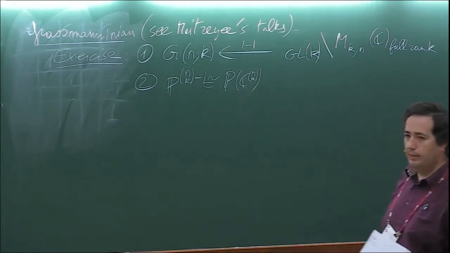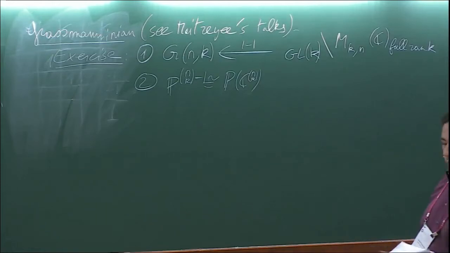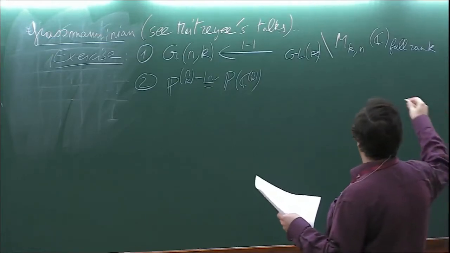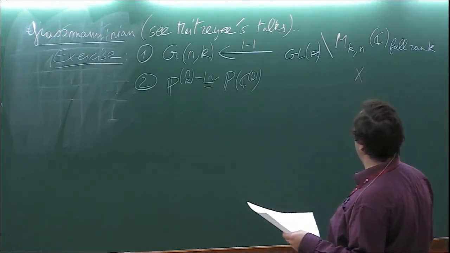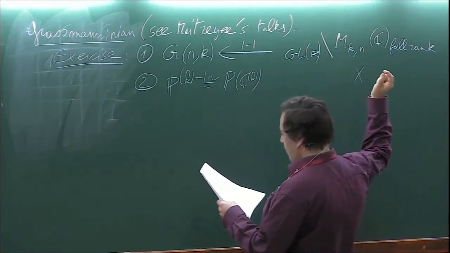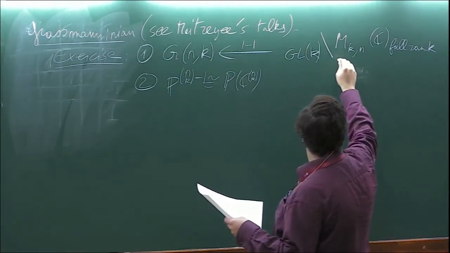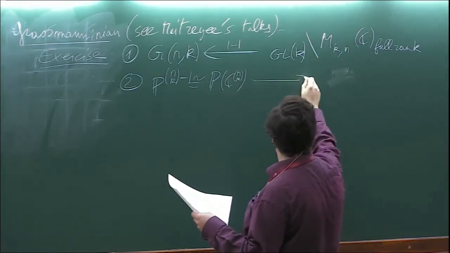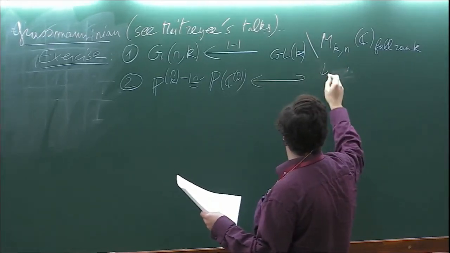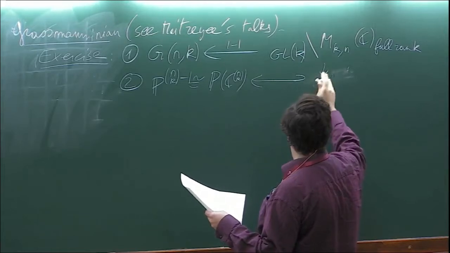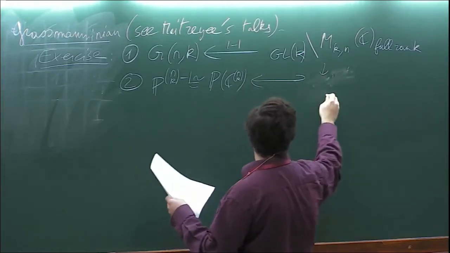I prefer to write it like that because I want the good exponent. And if you take some x here, where do you map it? This is easy. I want to include this thing here.